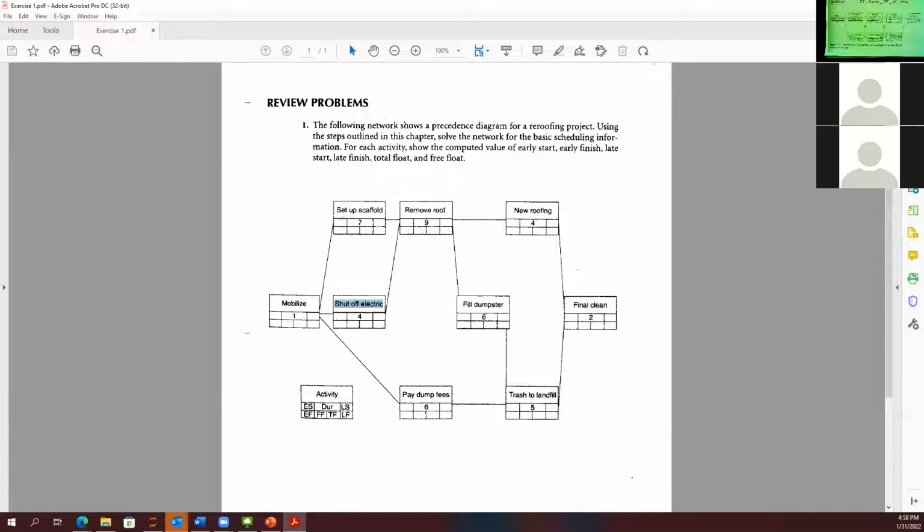Type in what they are. 3 of them are correct, 1 is wrong.